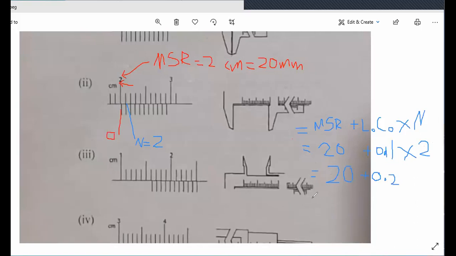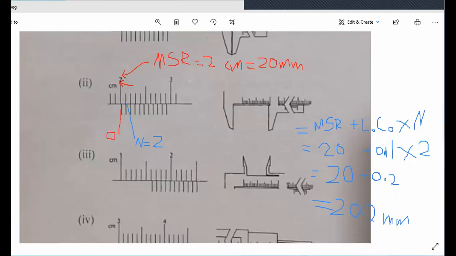So 20 plus 0.2 means 20.2 millimeter. Got it, dear? If you want, please take a screenshot. If you have any doubt, please ask. Okay?